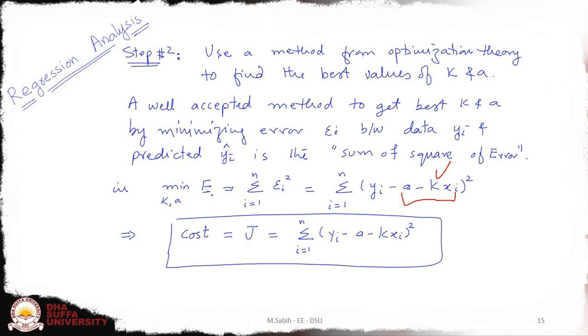So we minimize E and try to find the values of k and a which help us achieve the minimum of this, which is also called the cost or objective function J.